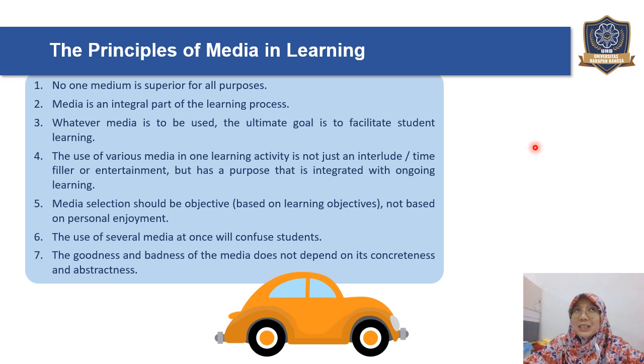But when I use a storybook to teach young learners, it doesn't mean it will be good to teach university students. The effectiveness will differ. That's why I said here, no one medium is superior for all purposes. So the best media is the media that is appropriate for the audience, the learning objective, and the characteristics of the materials.